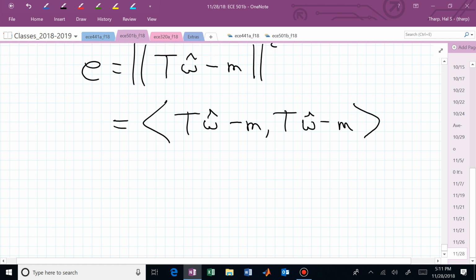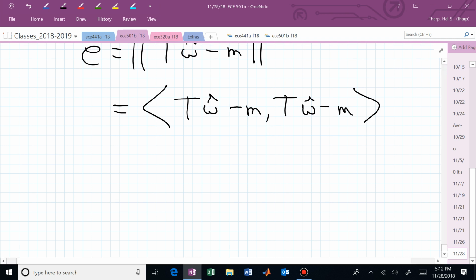So now if we want to minimize this error with respect to W hat, how would you do a minimization if you were in your first or second semester of college as an undergrad? Take some derivatives. So now we want to take the partial derivative of this error with respect to that vector W hat. But you can now clean this up by using all of our relationships on these inner products as far as the linear combination.